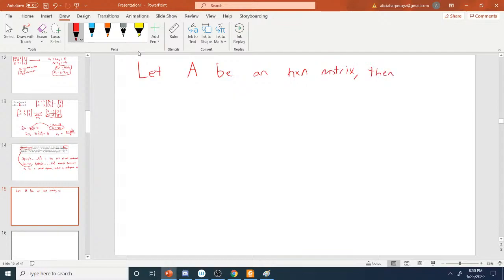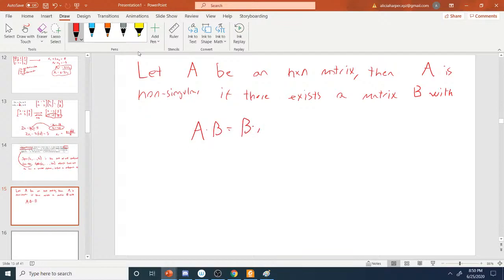Then A is non-singular if there exists a matrix B with A times B is equal to B times A is equal to the identity matrix.